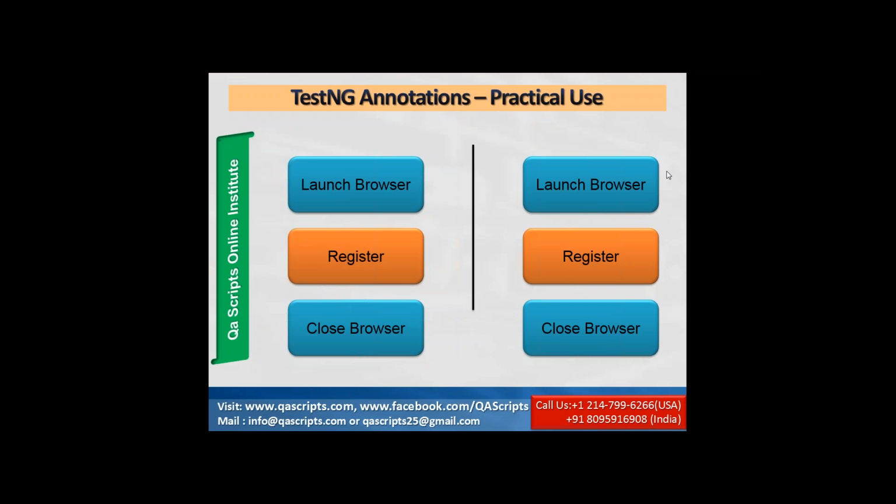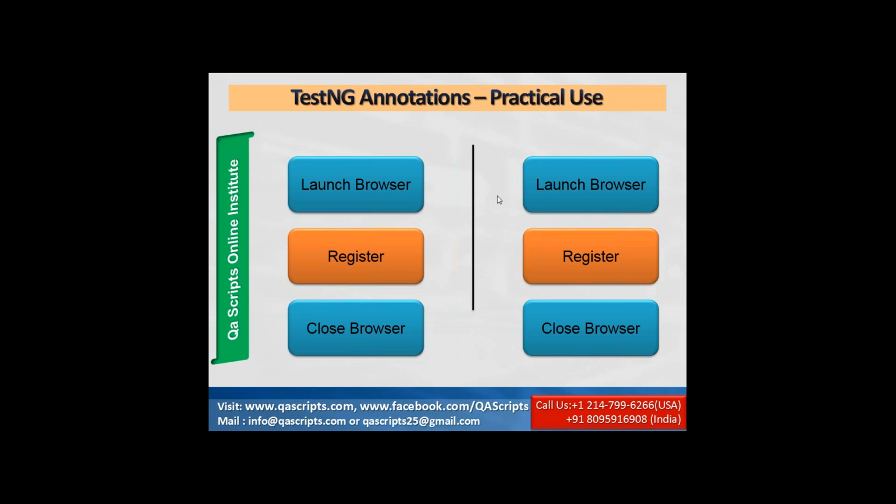In real time, before you start automating any application or project, you need to analyze how many methods you can create as reusable, and how many pages or functionality are going to be reused in each and every scenario. By that you can save a lot of effort as well as time to develop the automation scripts.